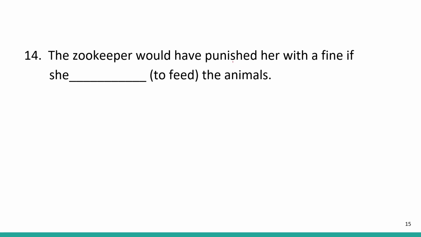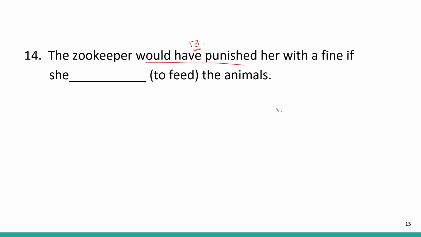Next, the zookeeper would have punished her with a fine if she. Now would have punished is type 3 condition. So the remaining clause will be would have plus past participle, that is verb third form. The zookeeper would have punished.